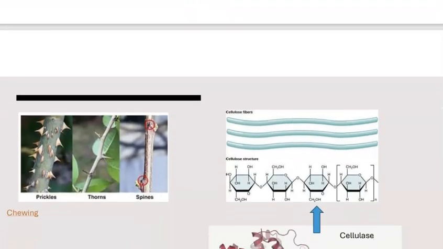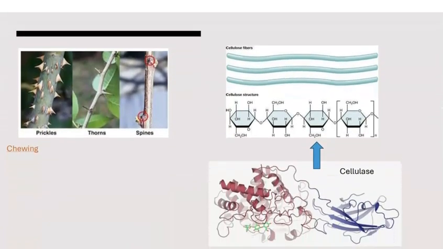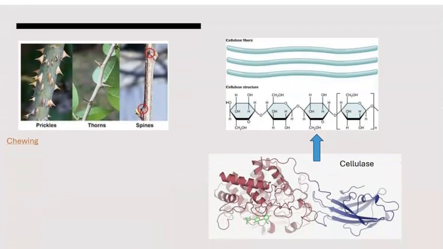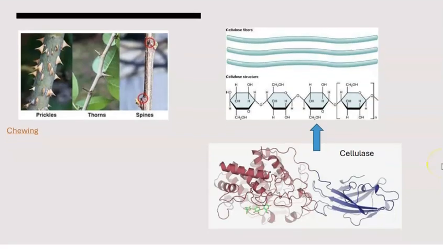And although it's not part of the dentition, we'll be aware that the challenge which faces these herbivores is the digestion of the cellulose fibers which exist in the plant material as part of the cell wall, of course.